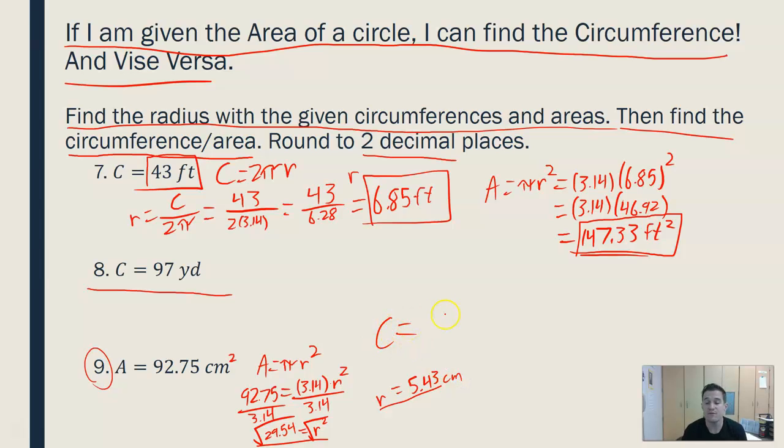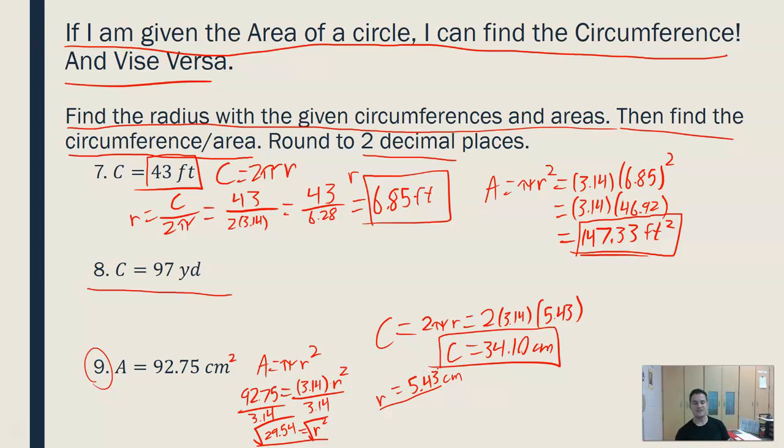Now the circumference is 2 pi r, or 2 times 3.14 times 5.43, which is 34.10 centimeters. So the circumference of this circle that had an area of 92.75 centimeters squared is 34.1 centimeters. Again, when I'm given the area of a circle, I can find the circumference and vice versa by first solving for the radius and then plugging the radius into the formula of the measurement you're trying to find.